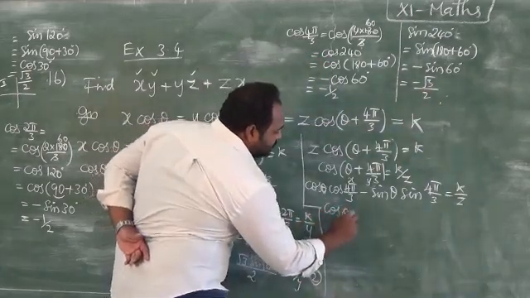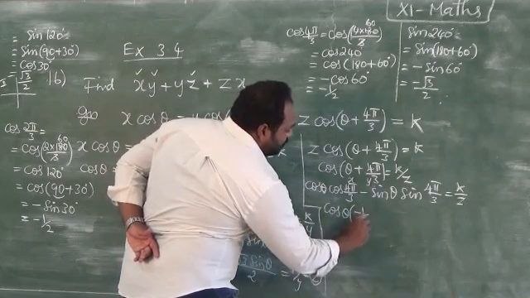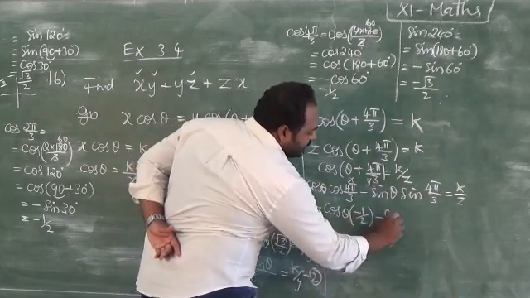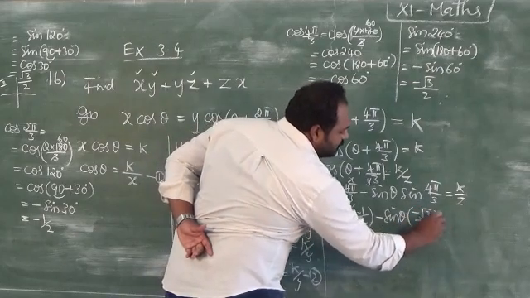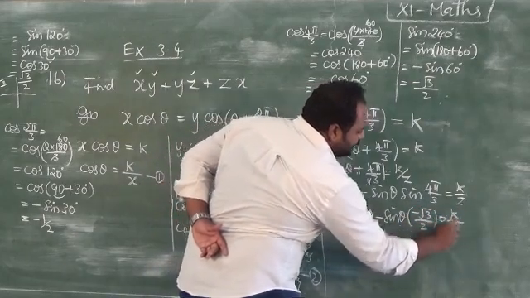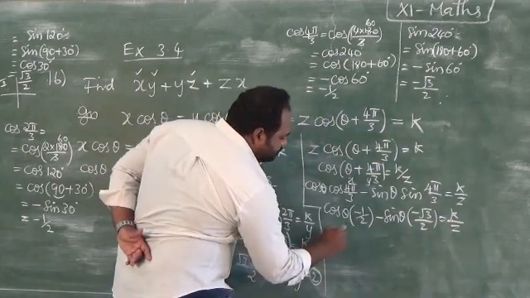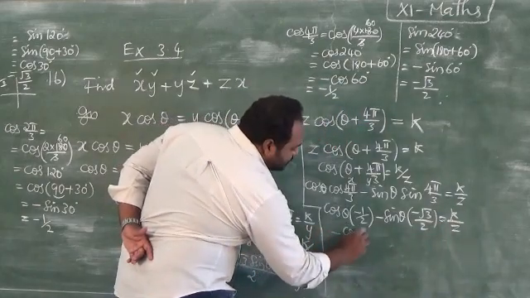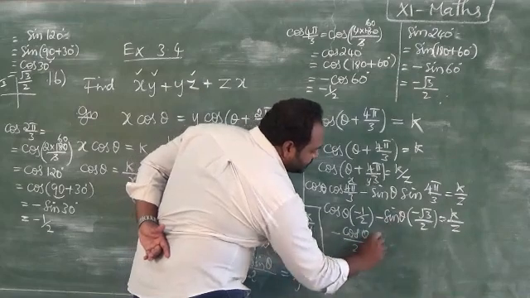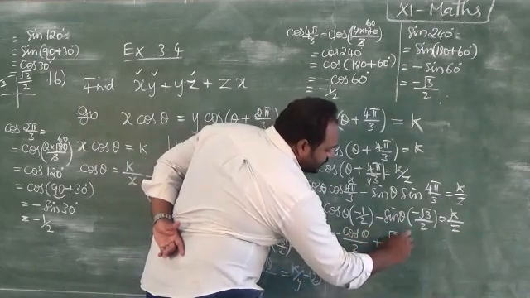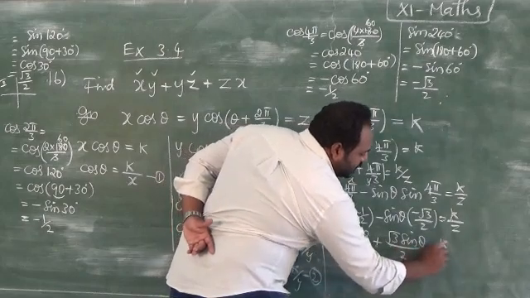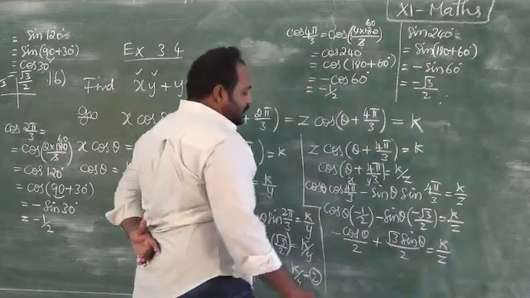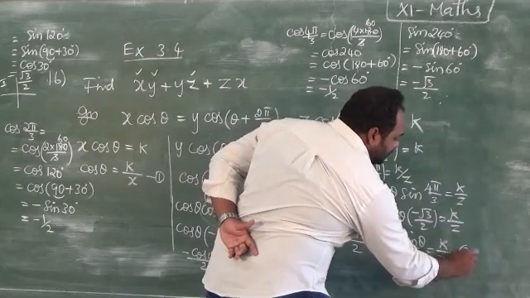Cos theta into minus 1 by 2 minus sin theta into minus root 3 by 2 equal to k by z. So now minus cos theta by 2, minus into minus plus root 3 sin theta by 2 equal to k by z. This is equation 3.